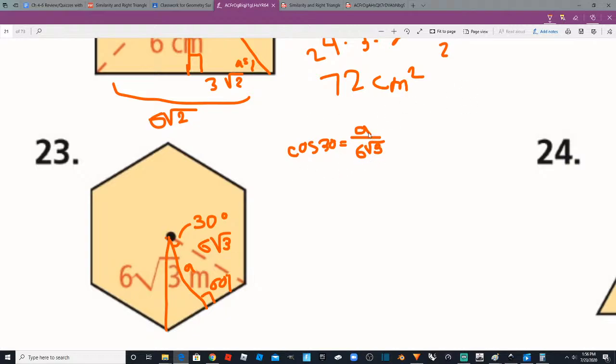Okay? We do not like that radical at the bottom, but I think we can stick with that because we're just going to move it to the other side. 6 radical 3 multiplied by cos 30 is equal to the apothem.